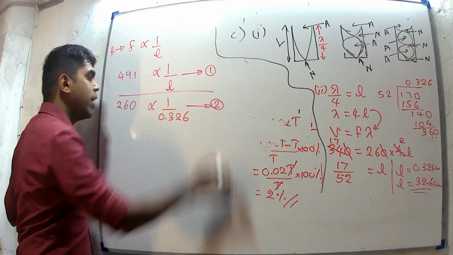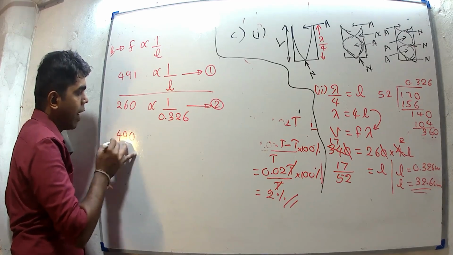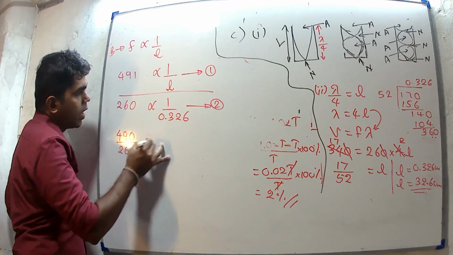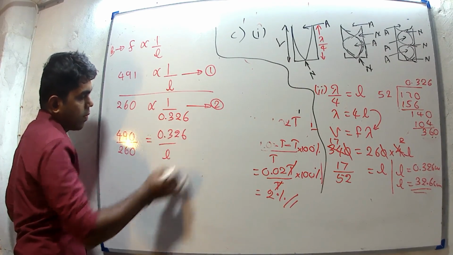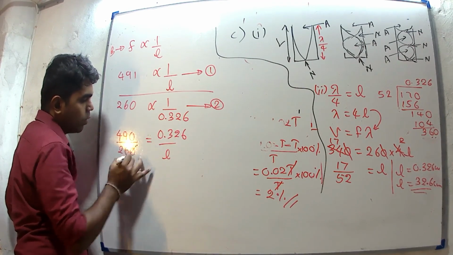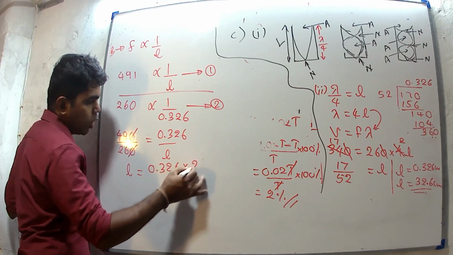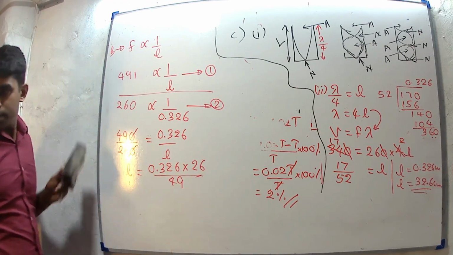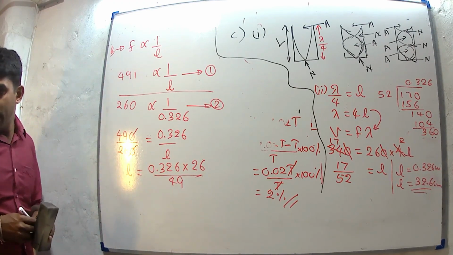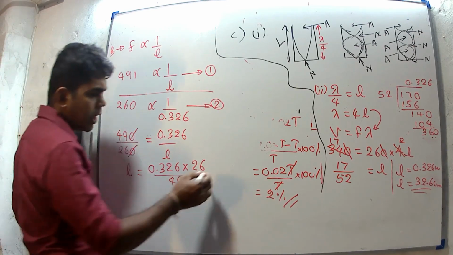Now we can divide both the equations. 490 divided by 260 equals L divided by 0.326. Then we can find the L value. 0.326 multiplied by 26 over 49. By simplifying, we can get the answer 17.31 centimeters.